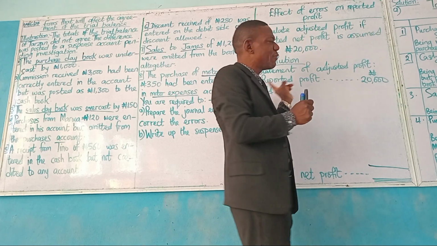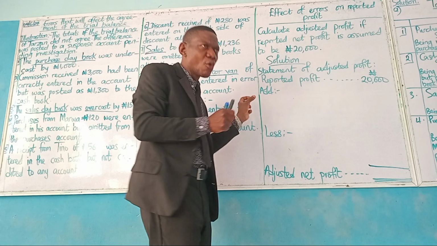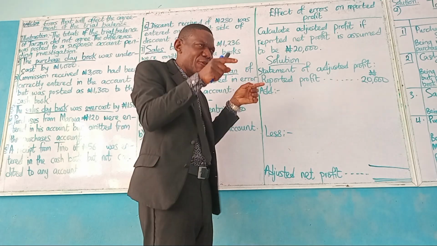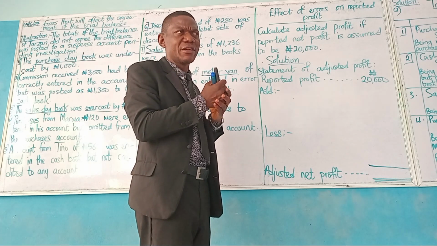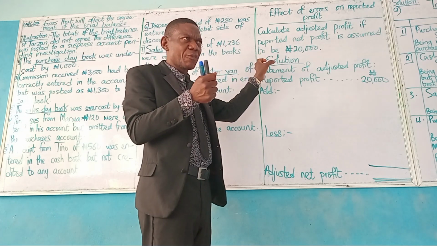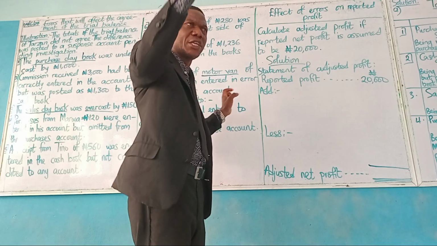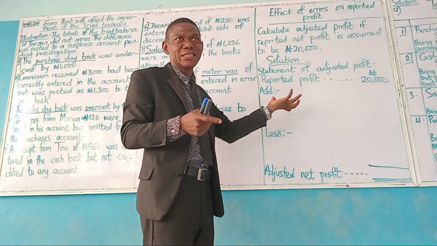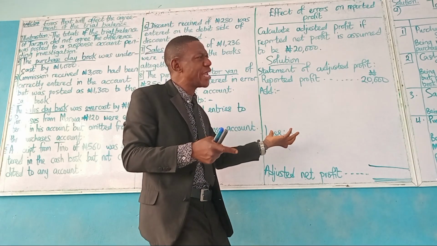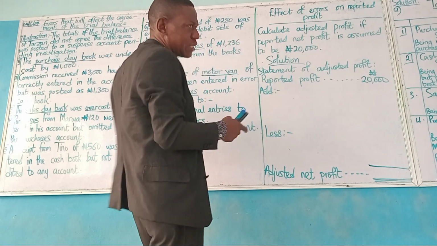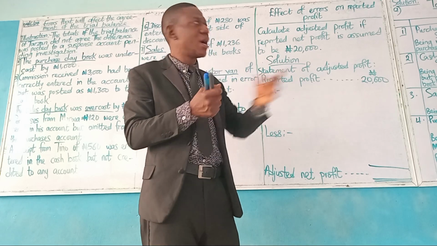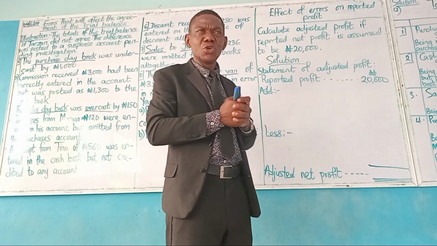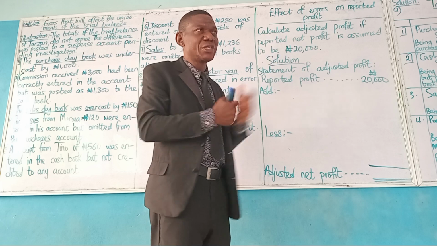You can see that the cost of purchases must be subtracted from the sales revenue in order to realize gross profit. So if we now increase the purchases figure, it will reduce our sales revenue, and automatically it will reduce our net profit.